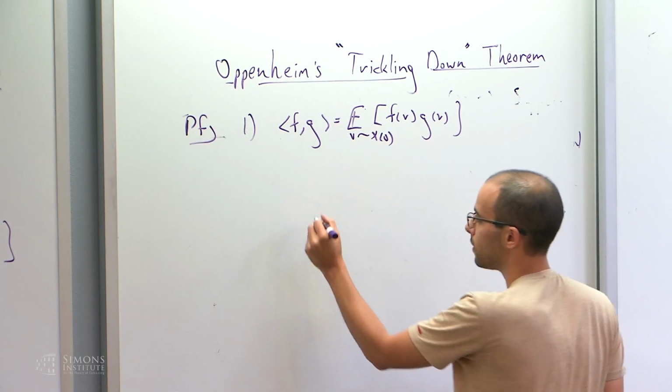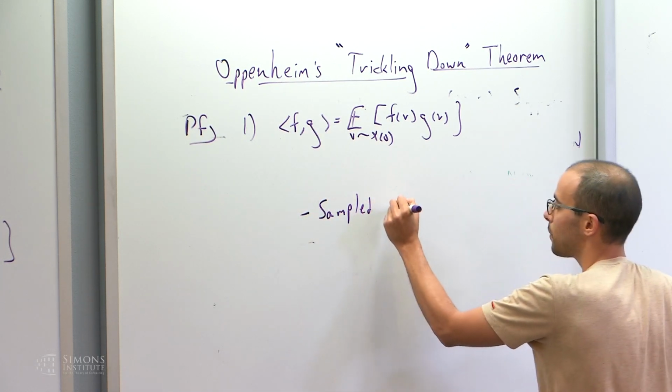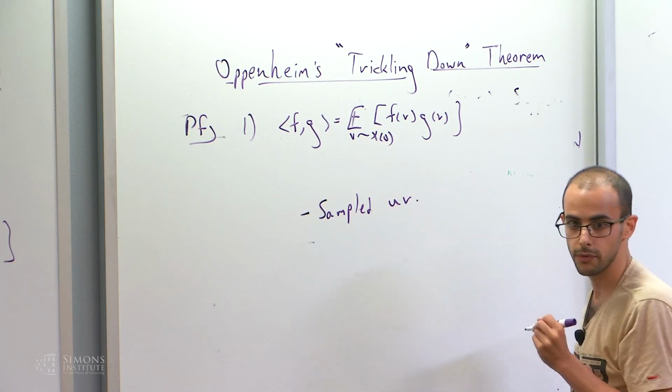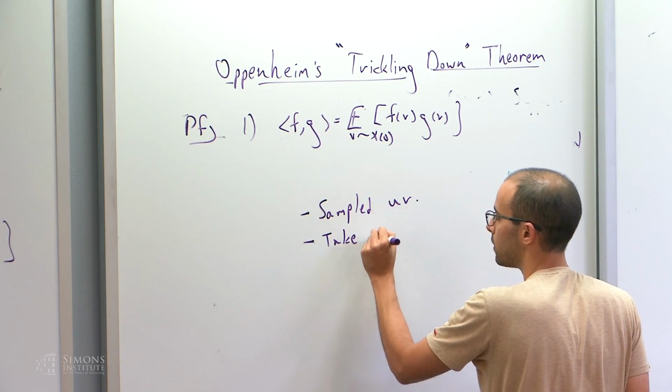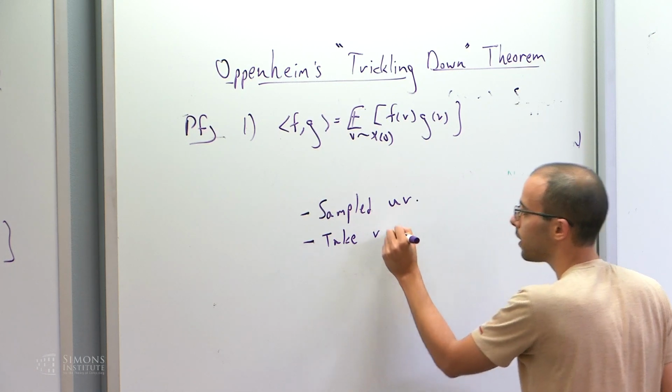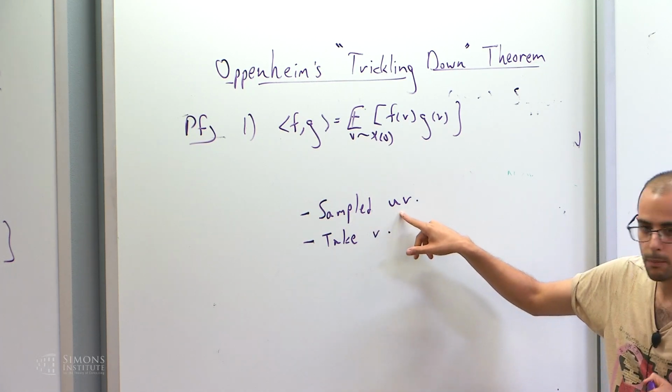We first sampled an edge UV, and then out of it we take one vertex uniformly at random. And what do I mean by we sampled UV?